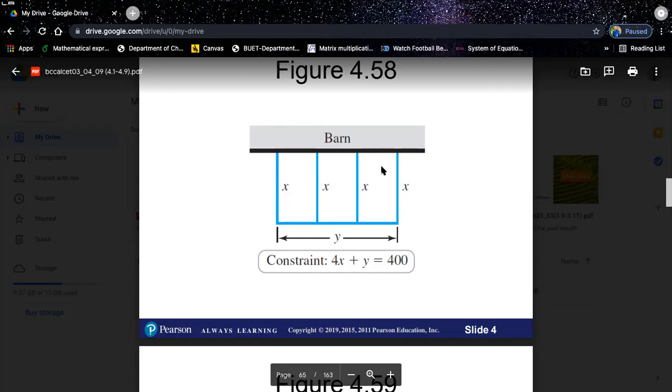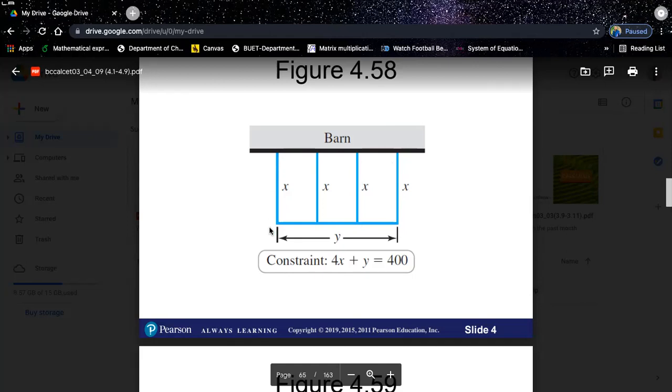So that means I want to make a fence on the 3 sides of this rectangle and 2 in between. The question now would be to set up the function, first of all. So we need 4 of these lengths. Do you agree?